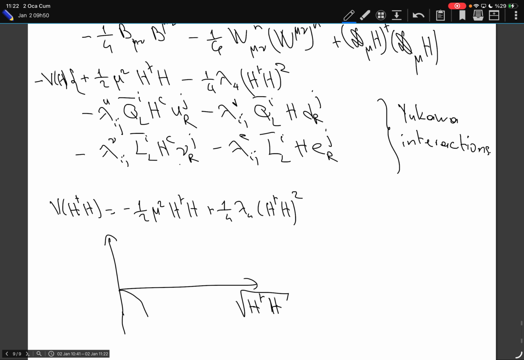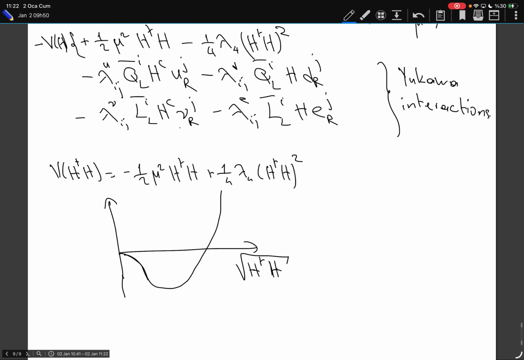It's an inverted parabola because of this term. And then as H bar H becomes large enough, this term will start to dominate. So this is how my potential looks.